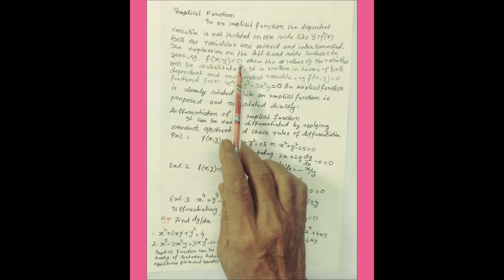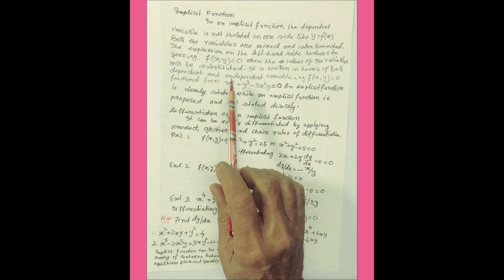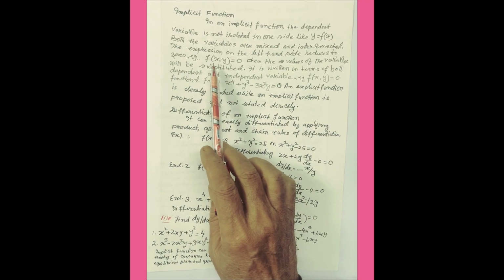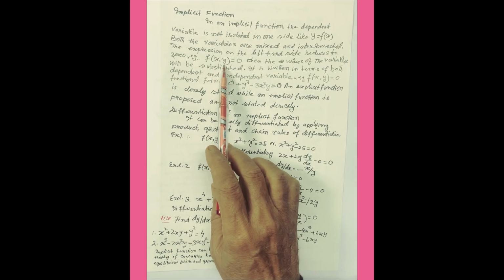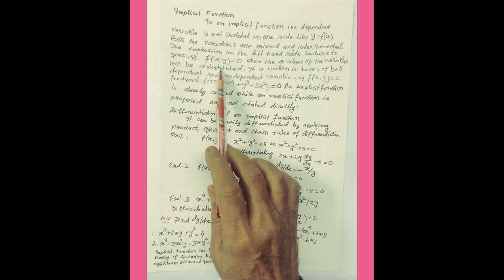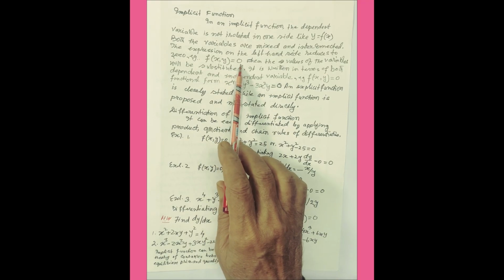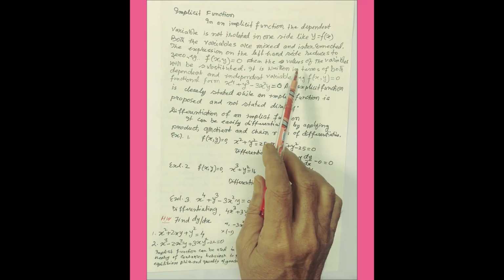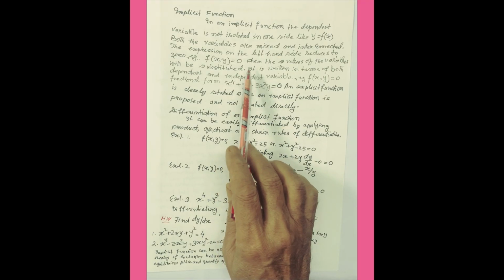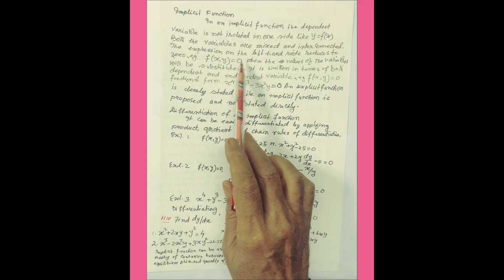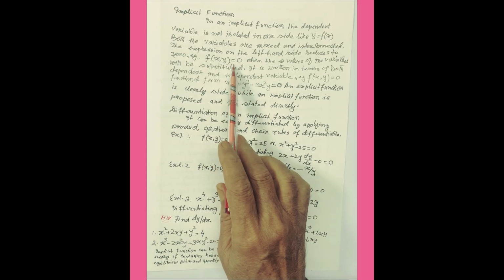Generally, an implicit function is expressed in this way: the function will have two variables, x and y, integrated together and equal to 0. When the values of the variables are substituted, you will find that the function is equal to 0.